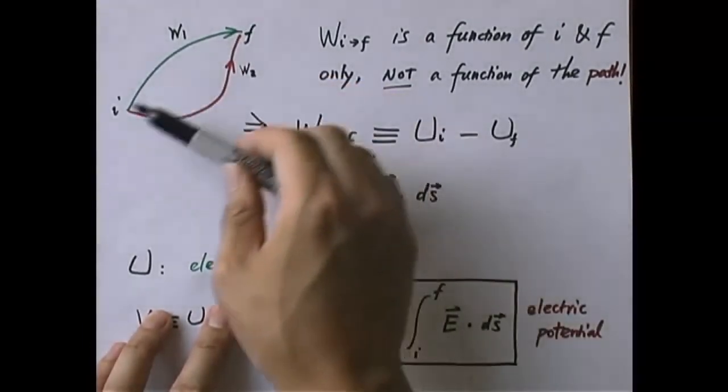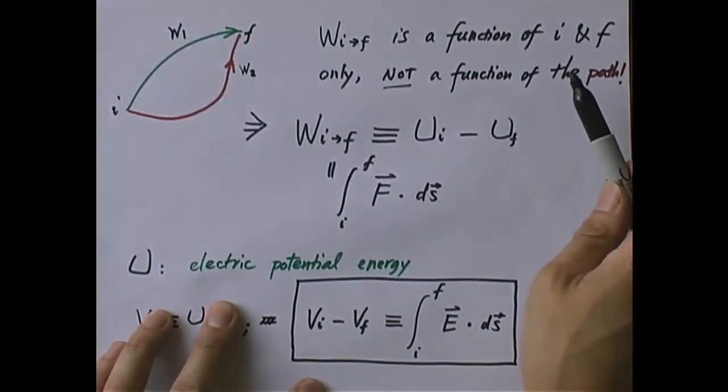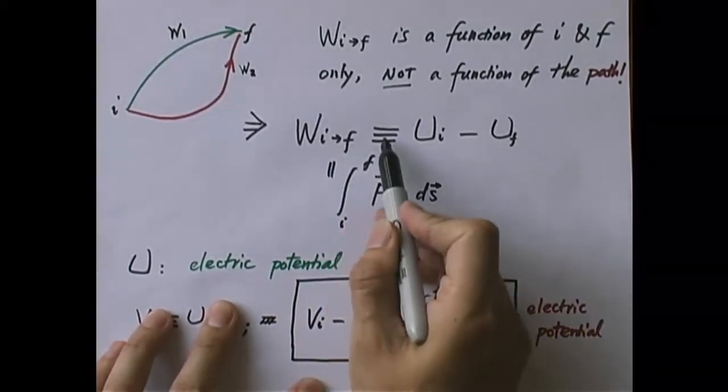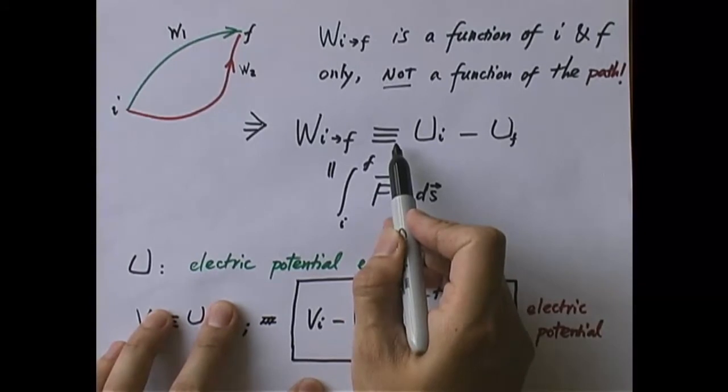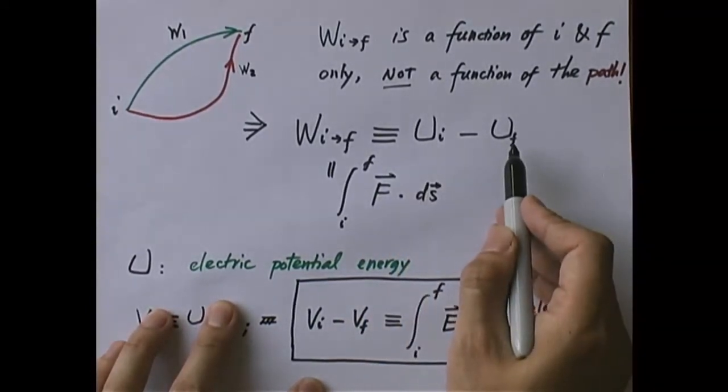In other words, you can take this green path, this red path, any path you want. Because of that, one can then define the work from initial to final as a function of initial and final positions only, not a function of the path.